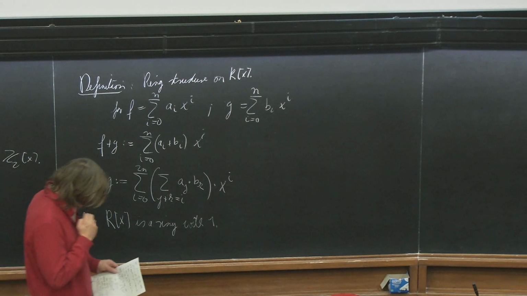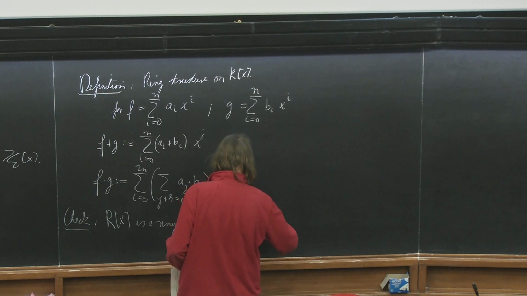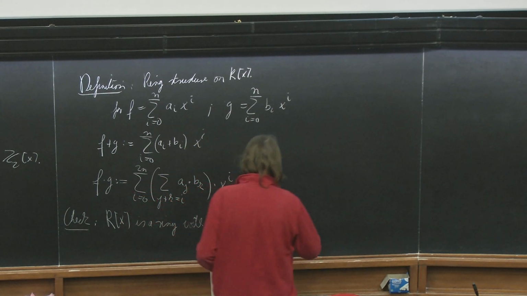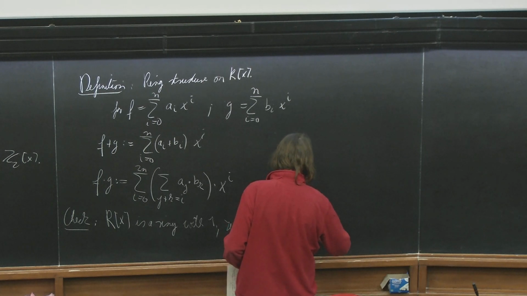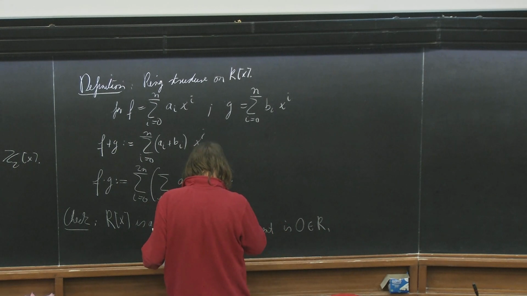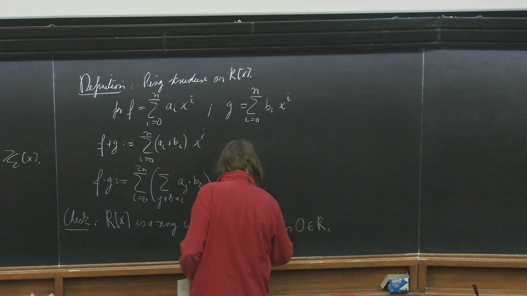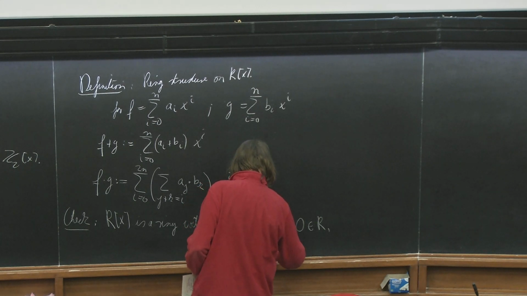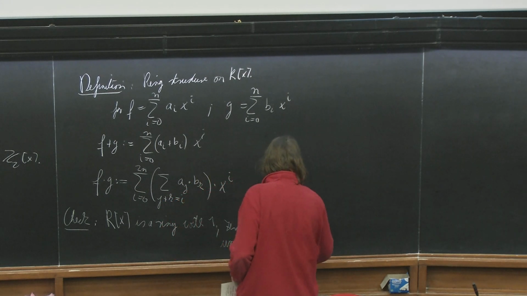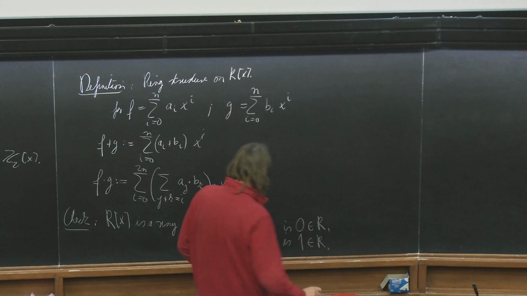And so obviously the 0 element, the neutral element for the addition, is the element 0 in R. The unit element, so the neutral element of multiplication, is 1 in R.